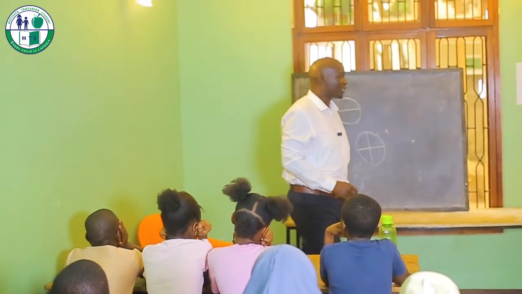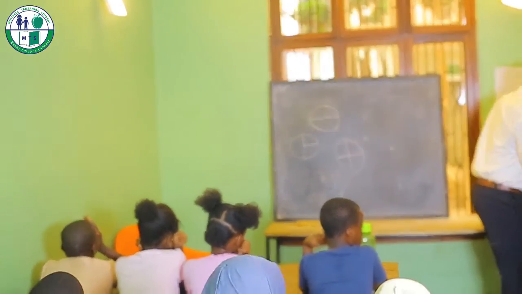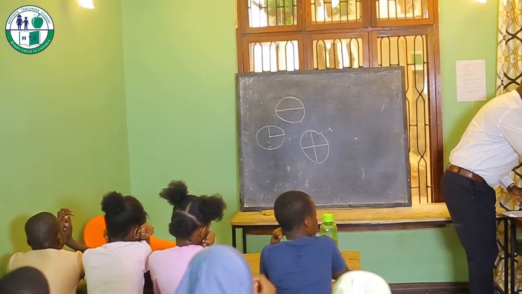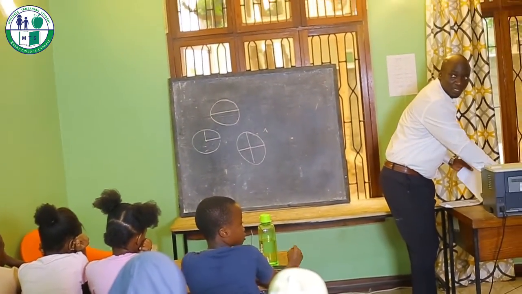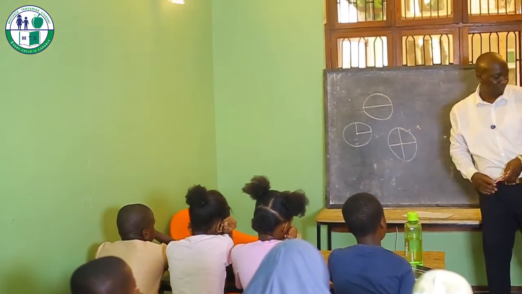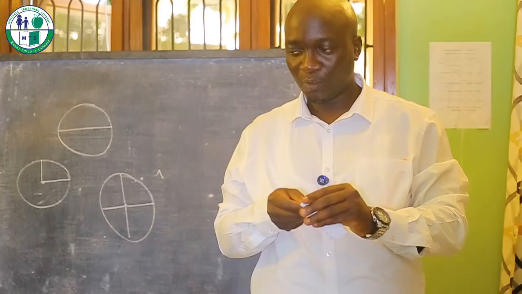I want to show you a simple way of drawing a circle. Sisi tuliosoma zamani kidogo. I will show today what a circle is by showing you how to draw a circle here.